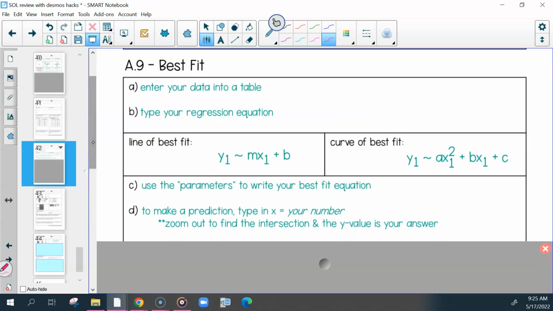On the next page. For best fit, line or curve of best fit, enter your data into a table. Type your regression equation in. For line of best fit, that's y1 tilde mx1 plus b. For your curve of best fit, that's y1 tilde ax1 squared plus bx1 plus c.